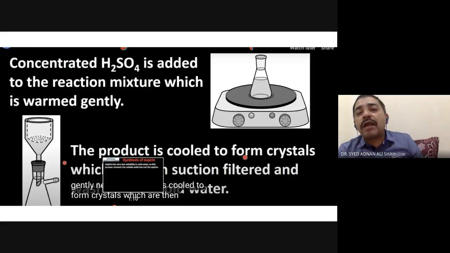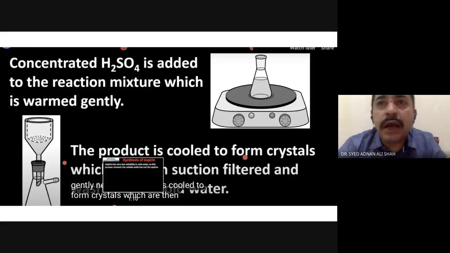There are several methods to find out the yield of this aspirin, right? And how, for the synthesized aspirin, you can say whether it is aspirin or not.